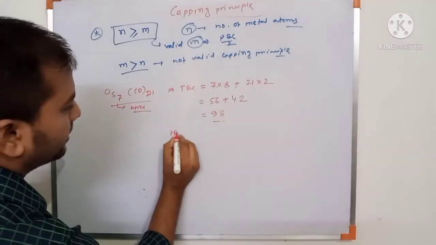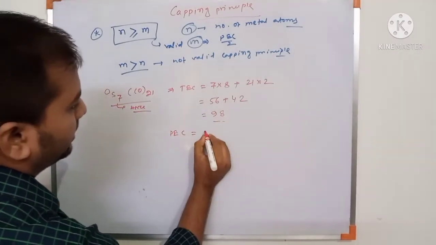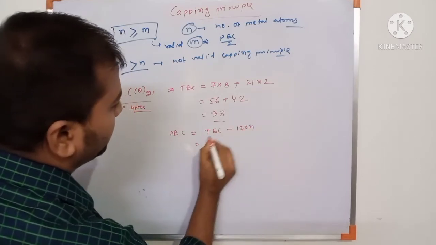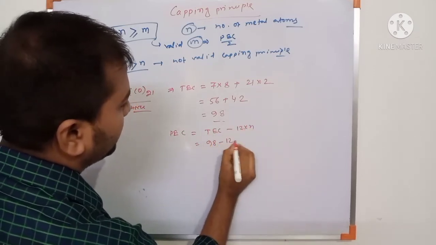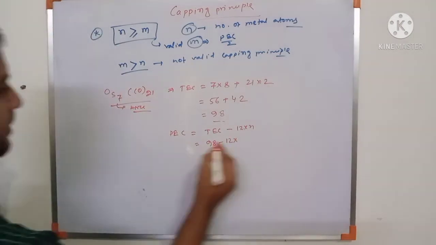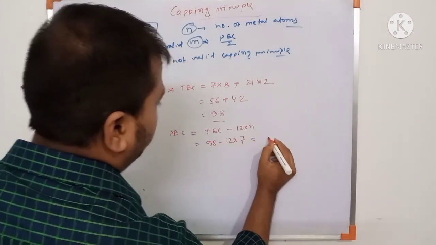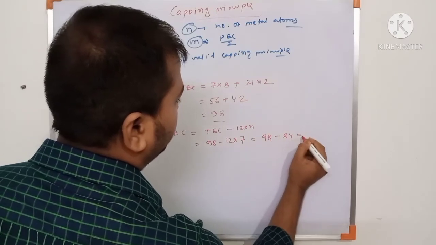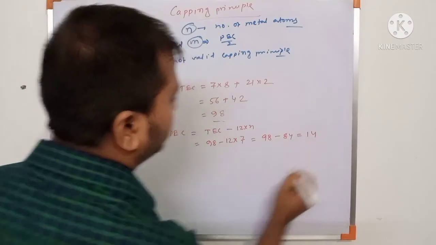Polyhedral electron count equals total electron count minus 12 into N, so 98 minus 12 into 7, which is 98 minus 84 equal to 14.